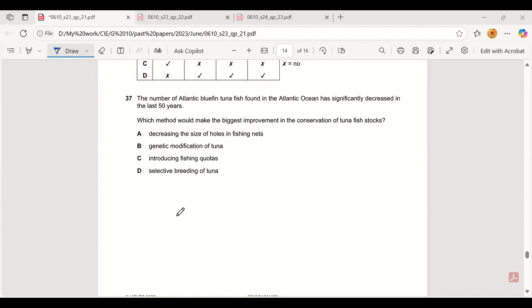A. Decreasing the size of holes in fishing nets. Do you know that tuna fish is a very large fish? Can you try another one, please? Conservation. Introducing fish farms. Yes, not fish farms. Okay.